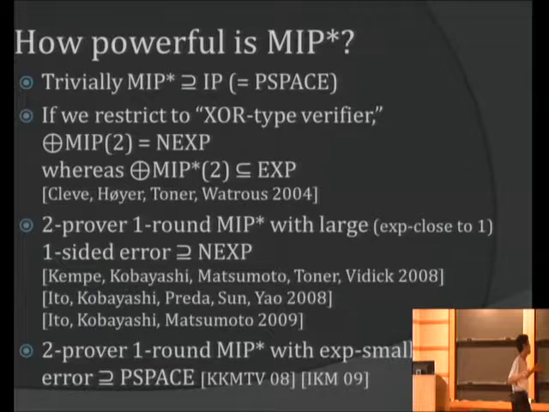They showed evidence that the reasoning I gave before, that MIP star must be at least as powerful as MIP, is broken, by showing that with certain restrictions on the verifier, the entangled version is inside deterministic exponential time, but without entanglement, without sharing a quantum state, it's still non-deterministic exponential time.